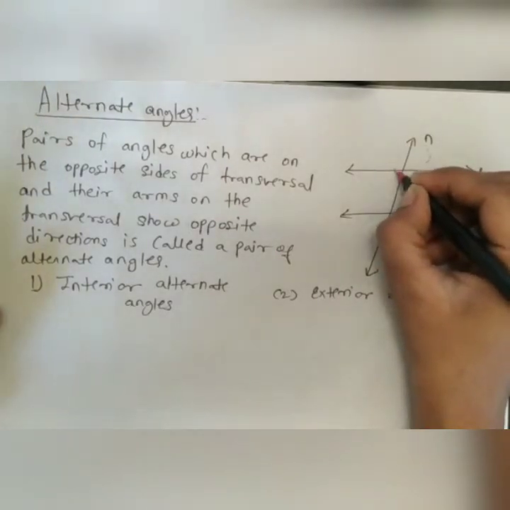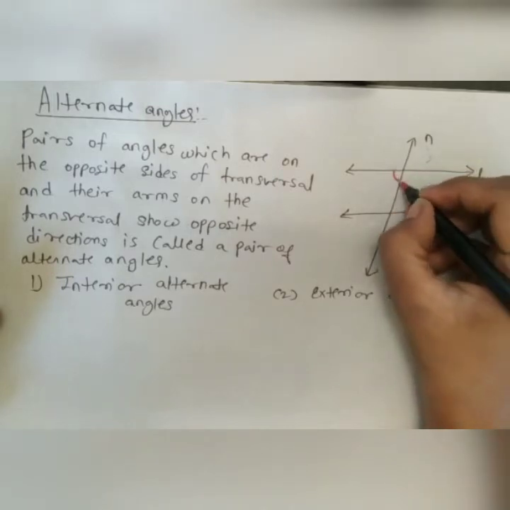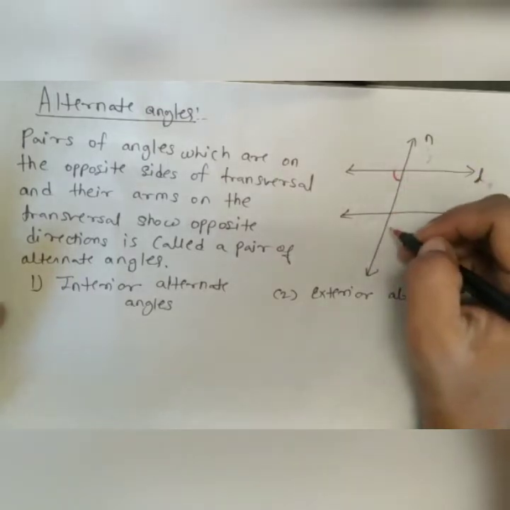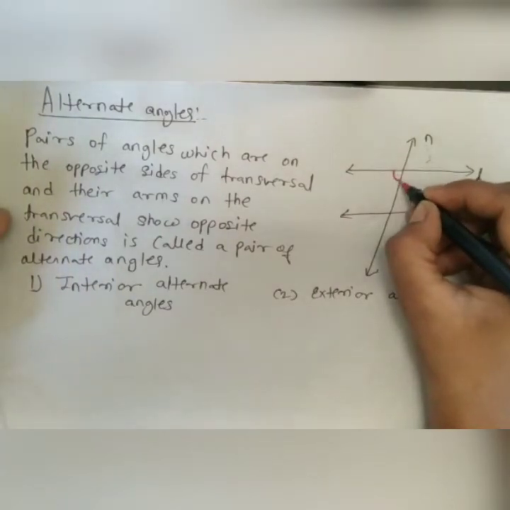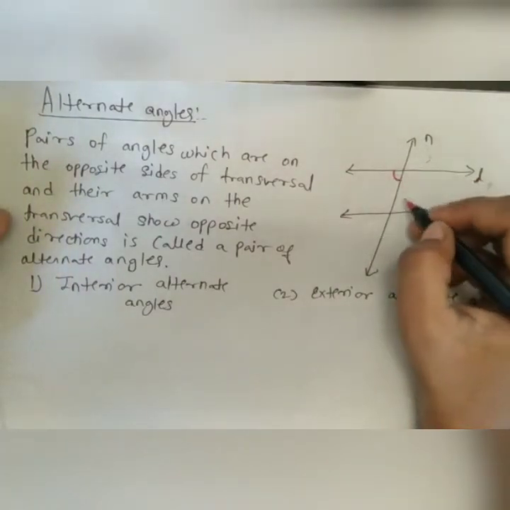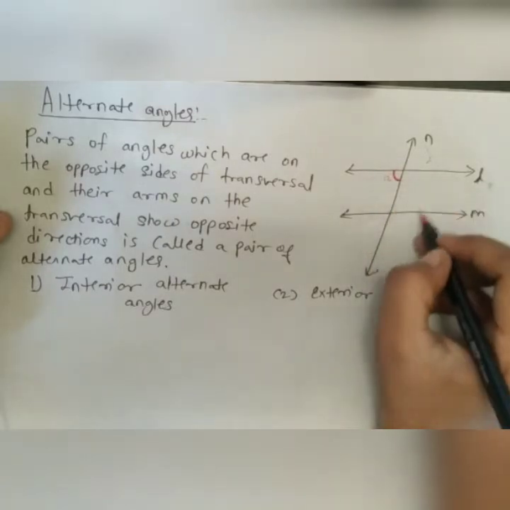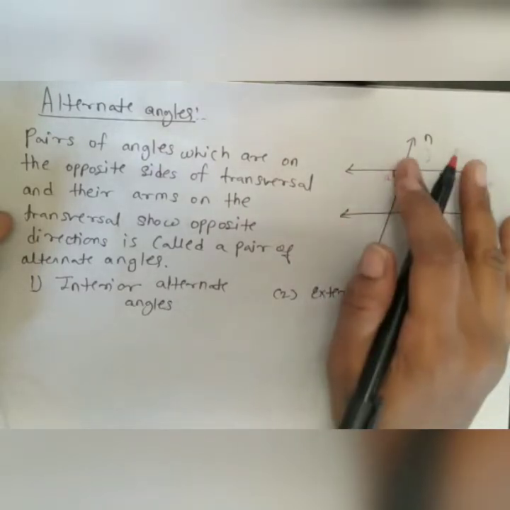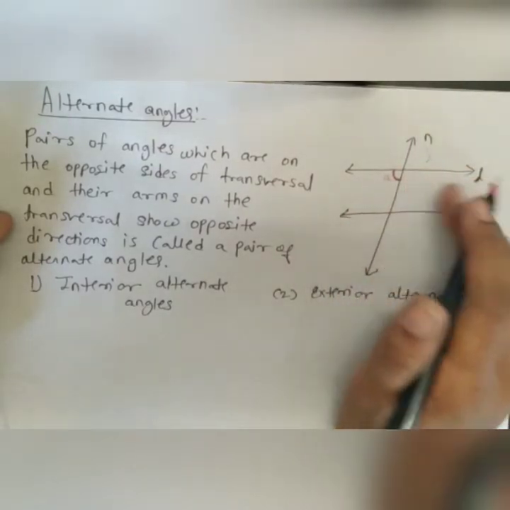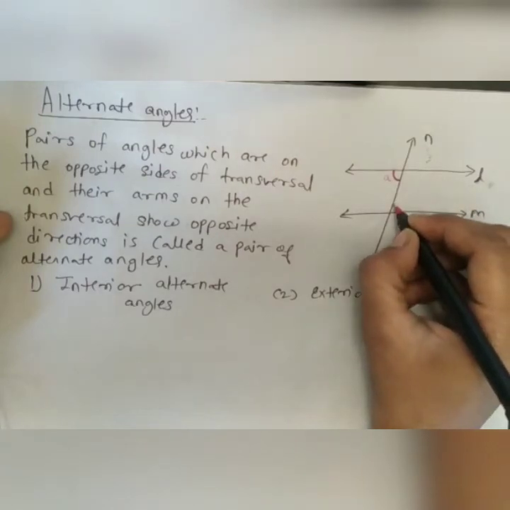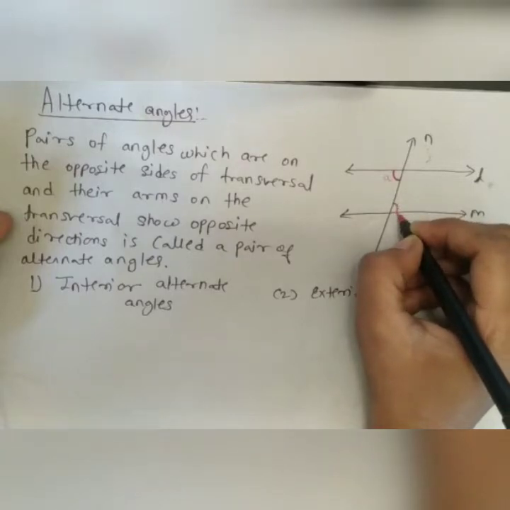See, this is my one angle which is inside the lines, and we take a pair of angles which are on the opposite sides of the transversal. Means we have to take a pair of these angles, suppose A, with the opposite side of the transversal, and the other angle must also be inside the lines.